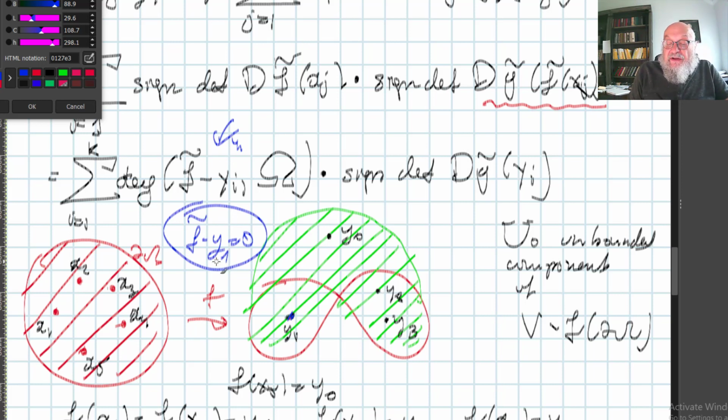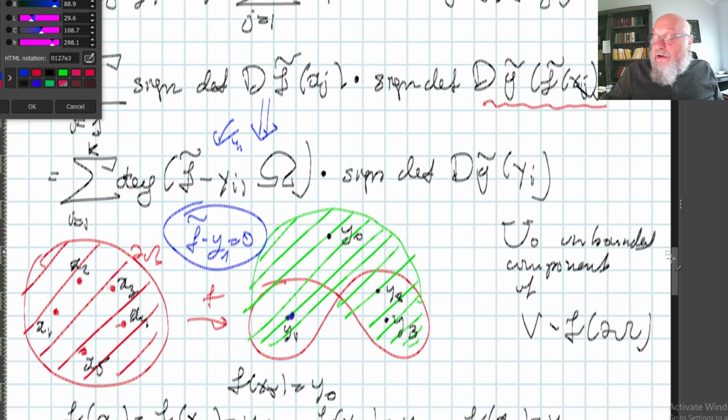There are no other zeros for that value of this shifted map f. So this formula, the sign of the determinant, if you sum up over all j related to this inverse image of yi, you will get exactly this particular formula that is written below.